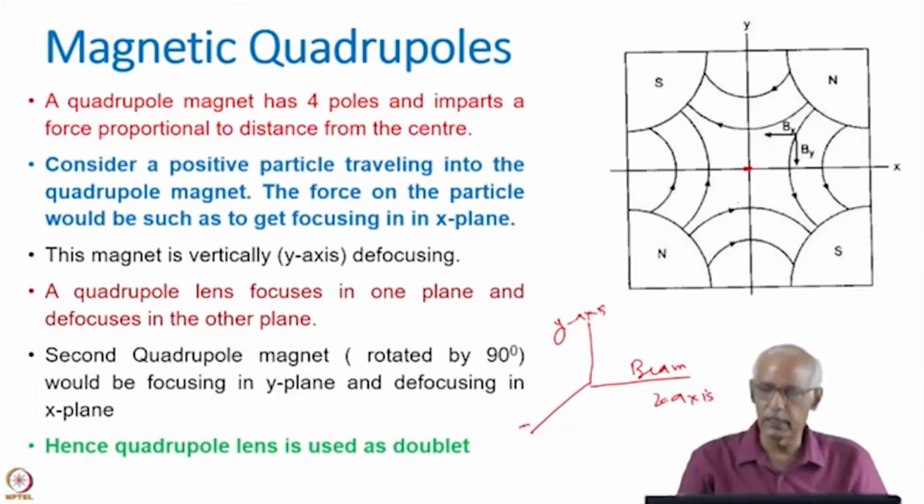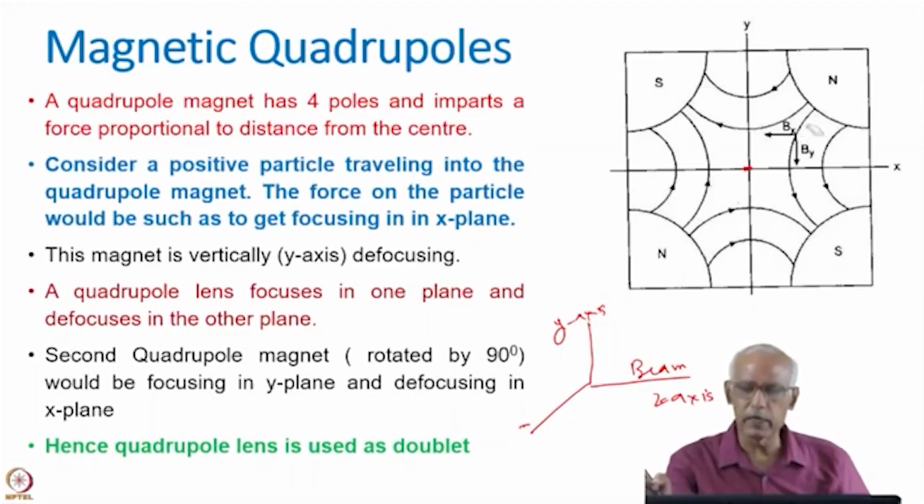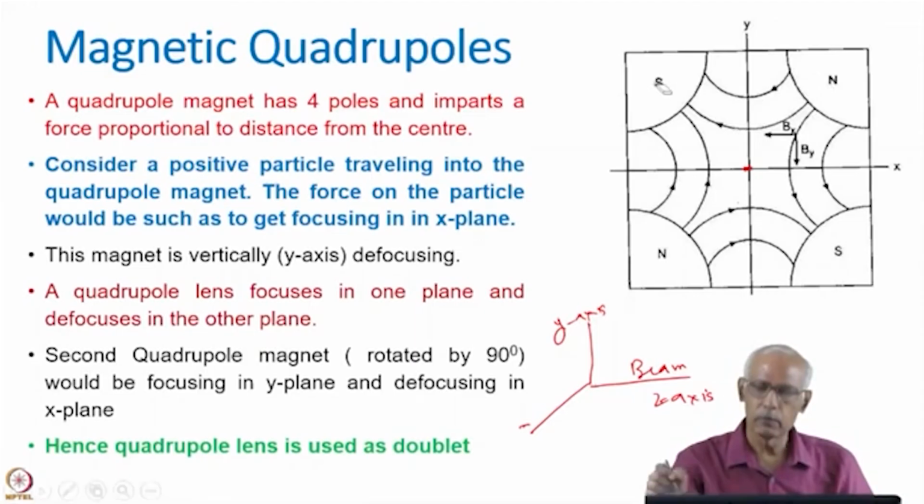So these are the three axes which you can see, and at any point the magnetic field between the North Pole and South Pole will always be like this, from here to here, for example here.